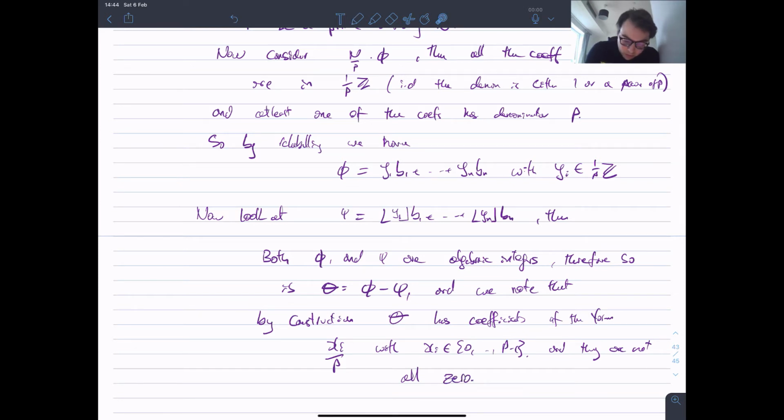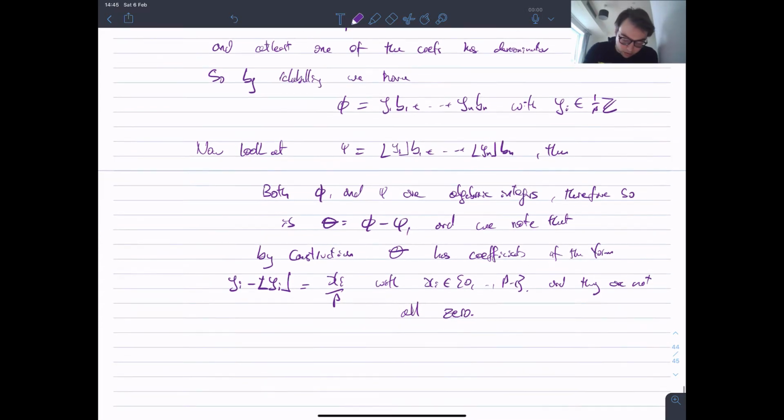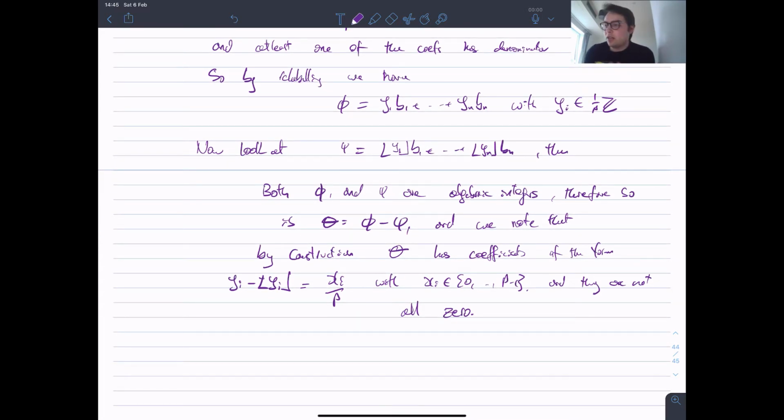Why? Because we're still assuming that one of these yi's isn't an integer. So some of these yi's are going to be a rational number, and here are just integers, so they can't coincide. So this xi over p is just what I get from yi minus the floor of yi. By how I've relabeled things, this is what things look like. Here the xi's are actual integers.